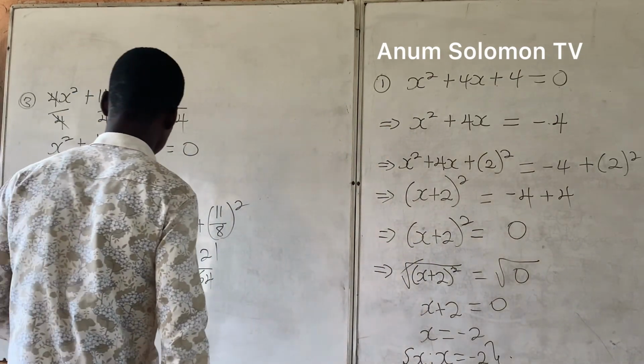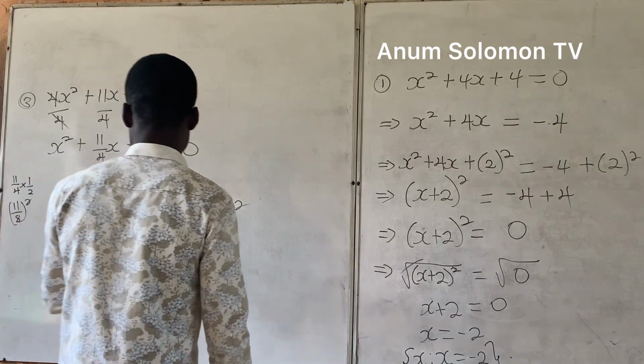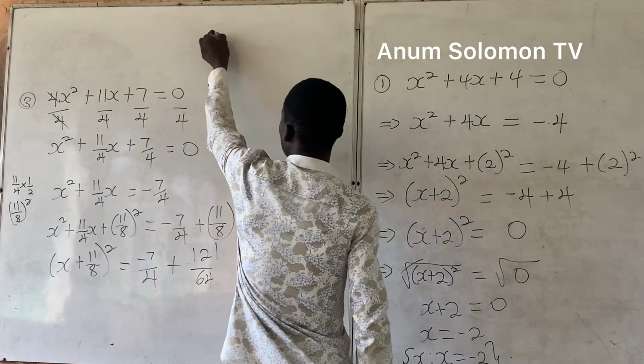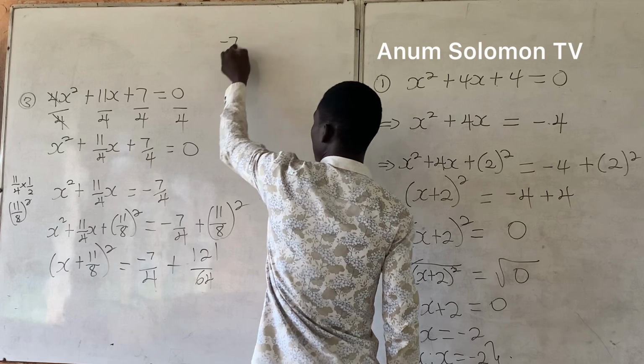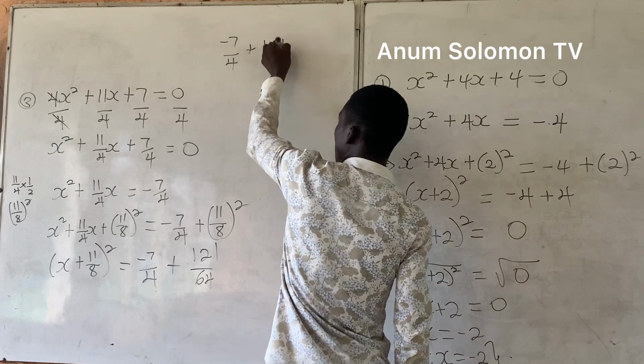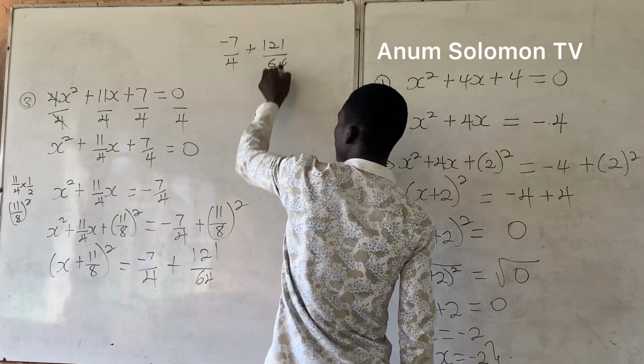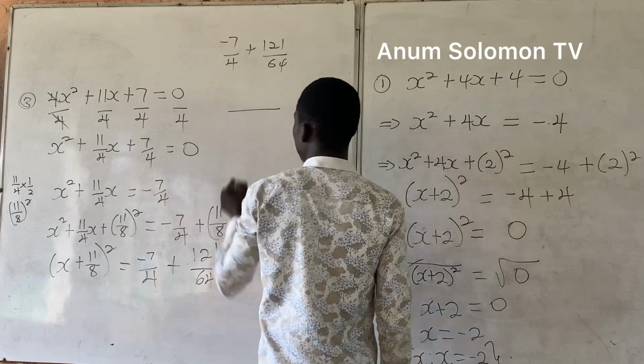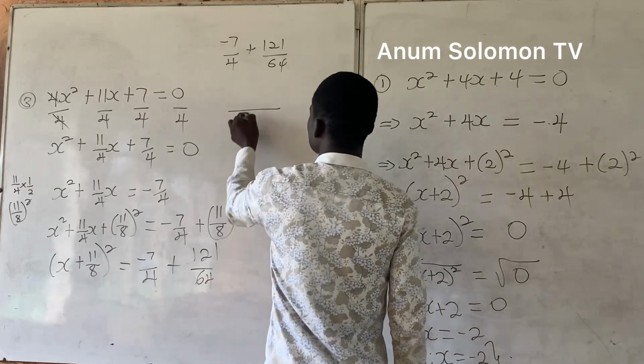So now we have to add these two. So we have minus 7 on 4 plus 121 over 64. So the LCM here is 64.